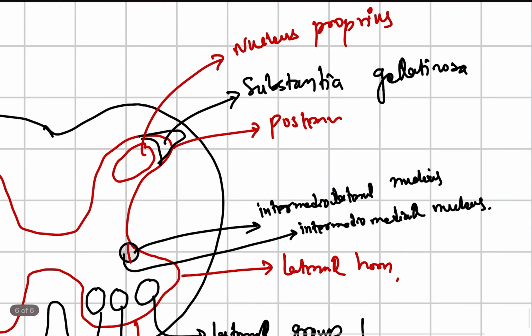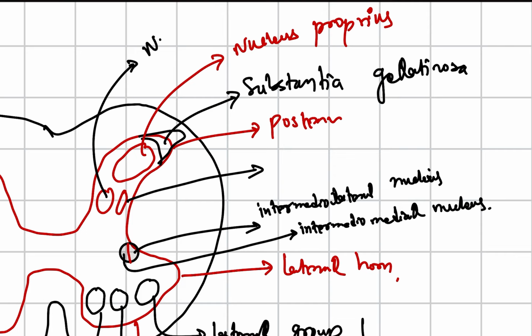Then there are two nuclei situated in the median. One is nucleus dorsalis on the dorsal side.